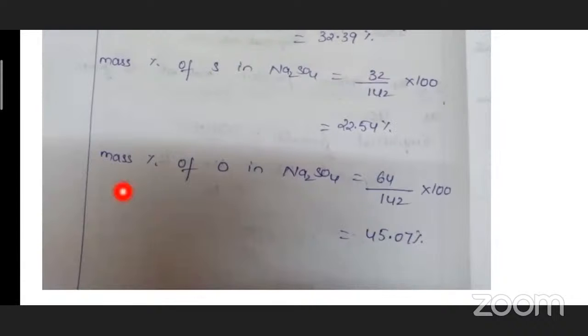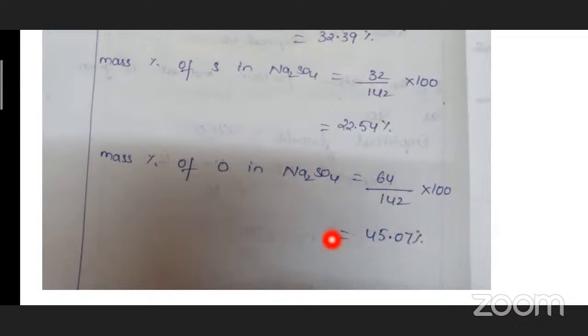So now let us see mass percentage of oxygen in Na2SO4. How many oxygens are there? 4 oxygens. And weight of each oxygen is 16. So 4 into 16 is 64. So 64 divided by 142 into 100. So it is 45.07.